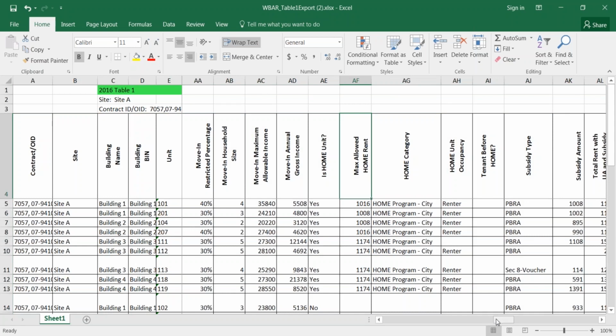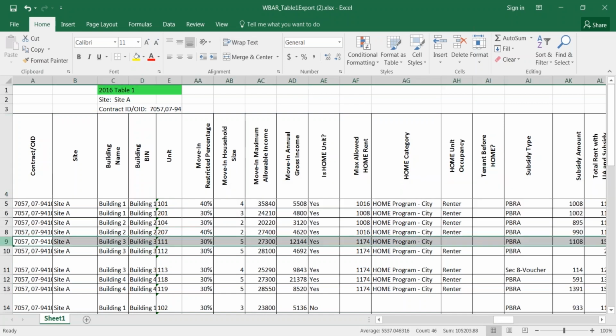So this brings up all of my home units all together. As an owner or as a property manager, this is an easier way to review all of your home fields and make sure they're all completed. As you're looking across, for example, this home household here, which we talked about, unit 111, you'll see the home unit occupancy wasn't completed.